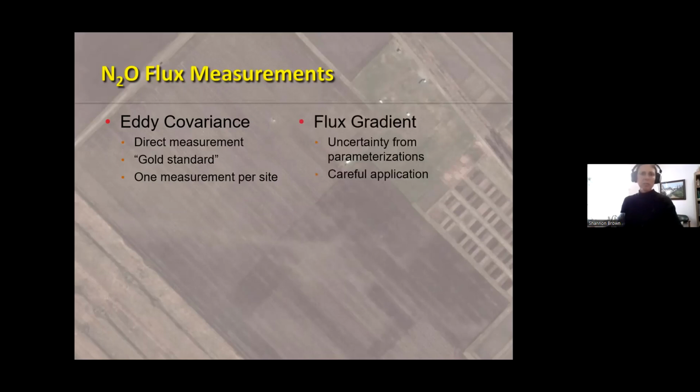The flux gradient method has been around for a very long time, but it has fallen out of favor and out of use in comparison to eddy covariance. That's mostly because there's uncertainty from parameterizations used in the flux calculation. It's also fairly sensitive to the site where you're installing the instrumentation, so it is more sensitive to fetch requirements and tower height.